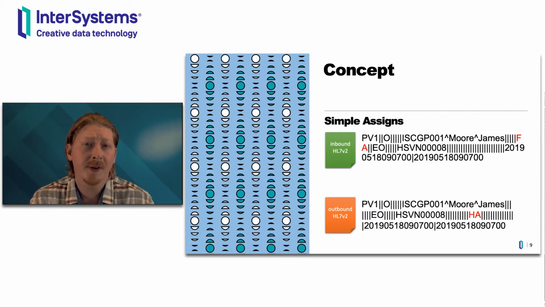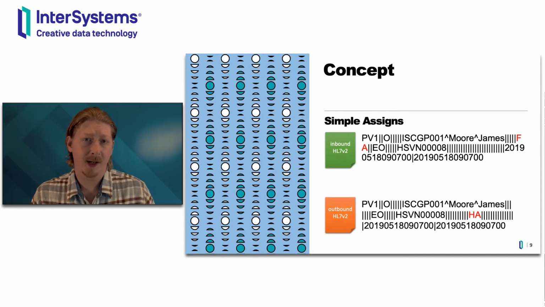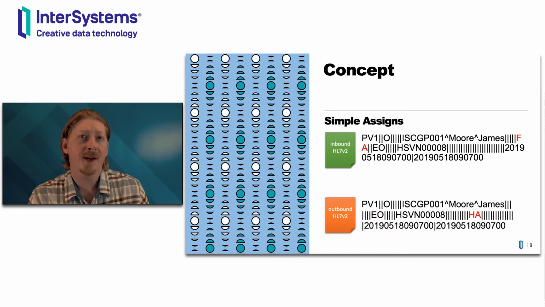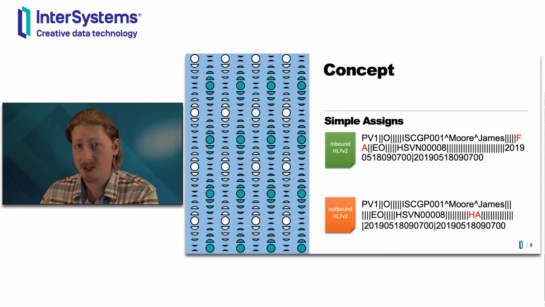So we're trying to take away the mass work for you, so that you can focus on the elements that are more complex. And the way we do this is basically we take a look at every segment in each message and try to identify if there's a simple set assignment you can make between a certain field in the source message and the target message.